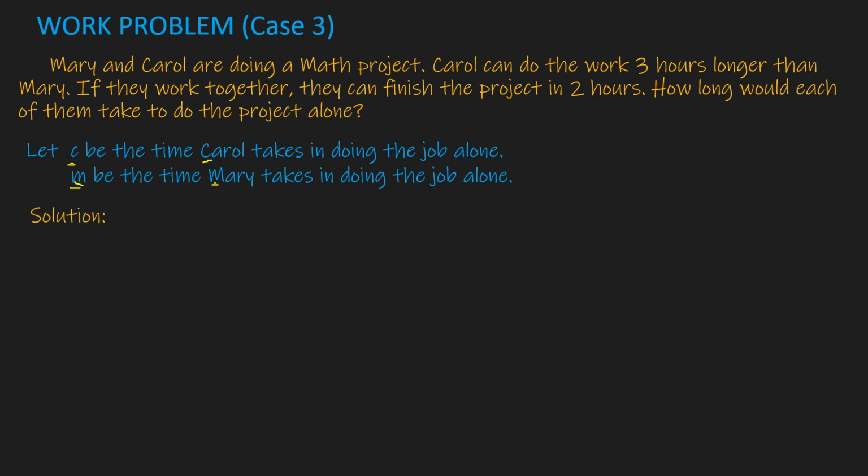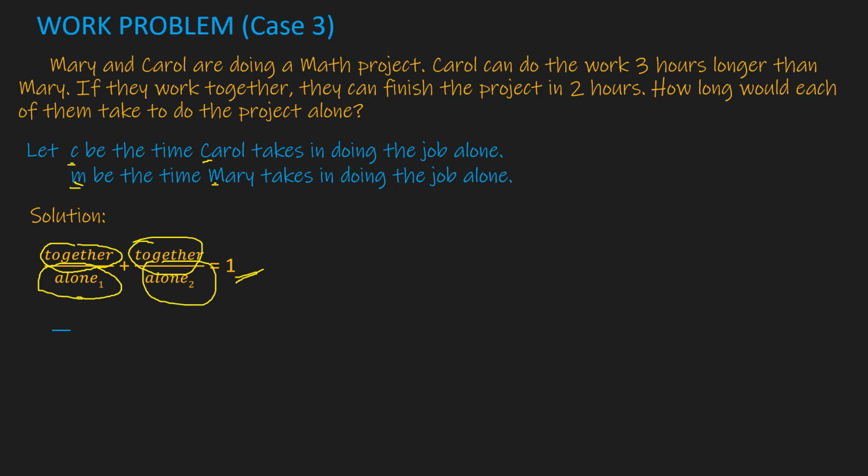And so, again, our solution follows our working equation: the amount of time they work together is put in the numerators, while the amount of time each of them needs to do the job alone is put in the denominators.